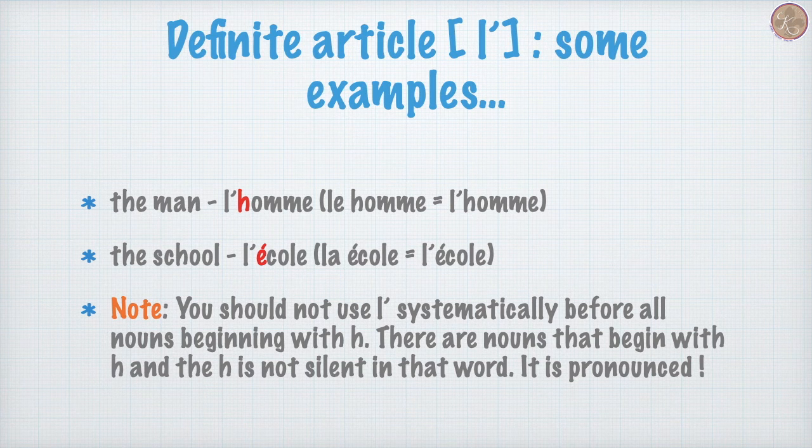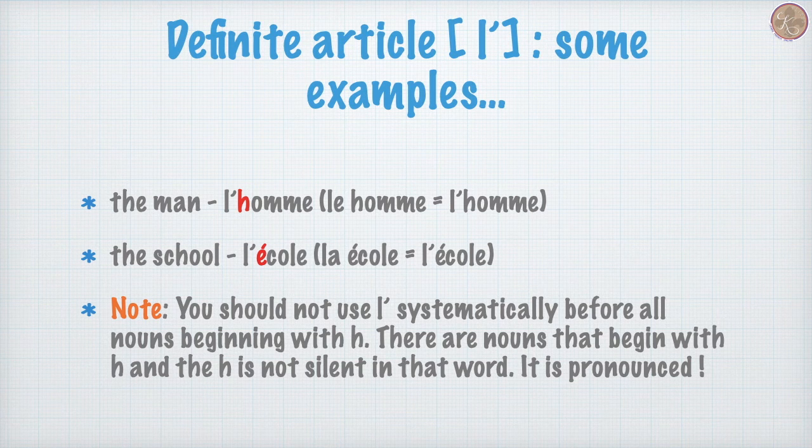But remember, you should not use L apostrophe systematically before all singular nouns beginning with H. Because if you recall, there are words in French whose spelling begins with H, but the H is not silent, it is pronounced. For such words, you should not use L apostrophe.